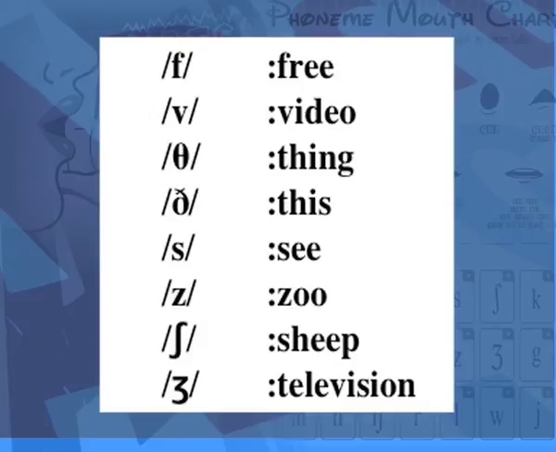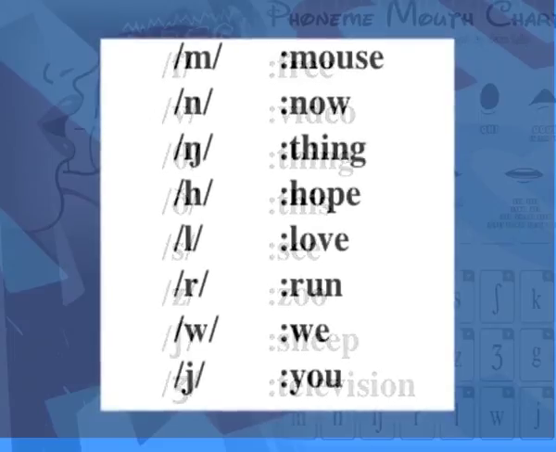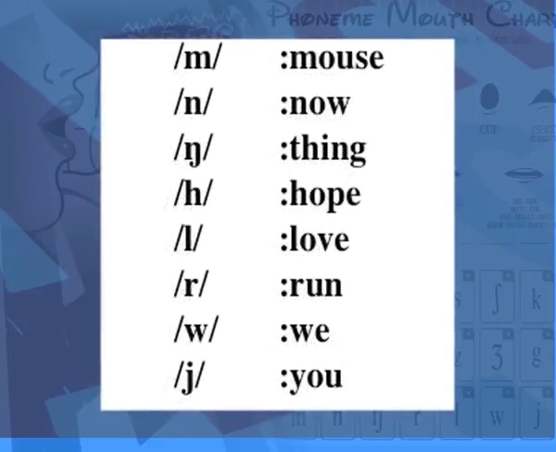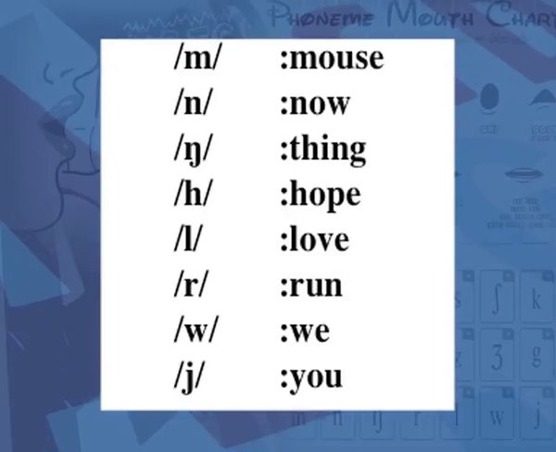The sounds m, n, ng, h, l, r, w, and y are pronounced as in the words mouse, now, thing, hope, love, run, we, and you.